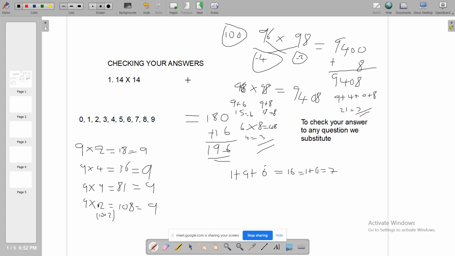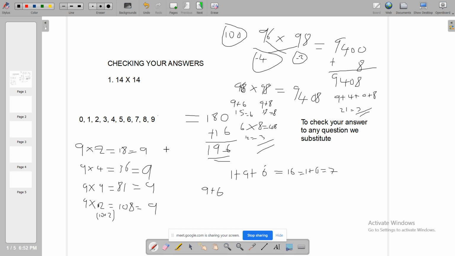We were just repeating ourselves. So straight away, if I'm using the shortcut method, anywhere I see 9, I'll just cancel it out. So instead of going all this way, I'll start here. 9 plus 6.